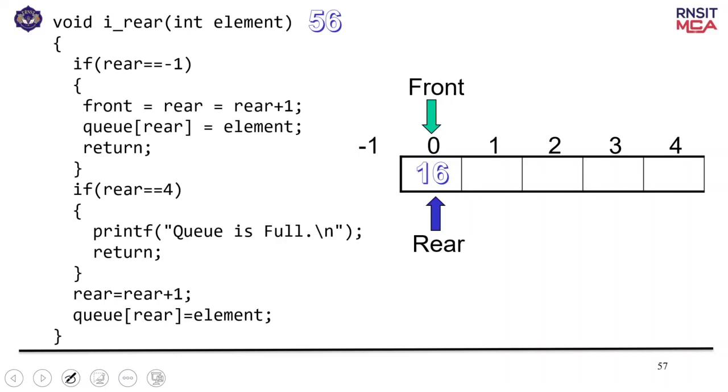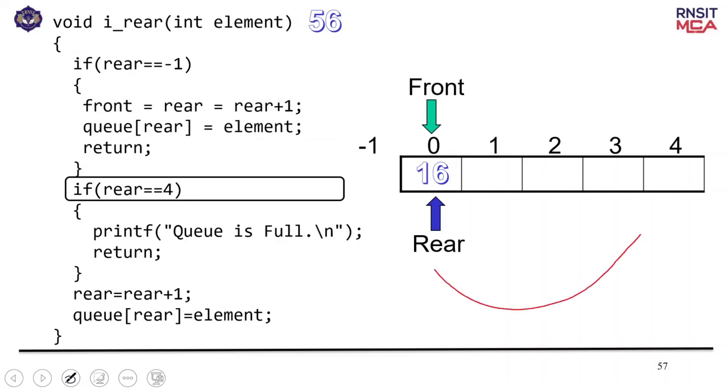function, and I use 56 now, and you check whether rear is equal to -1. No, rear is not -1. Then you check whether rear is equal to 4, that is, whether rear has reached the last element. If it has, you will display a message that the queue is full.